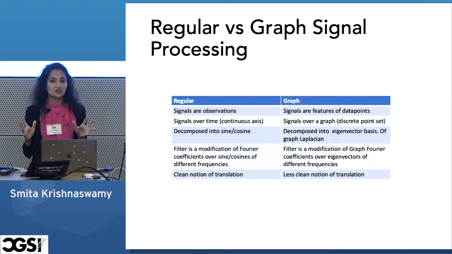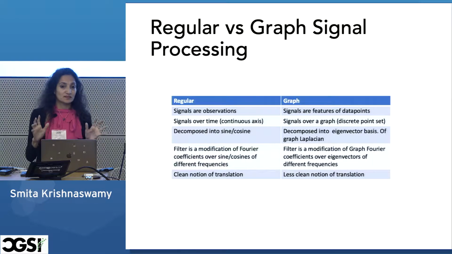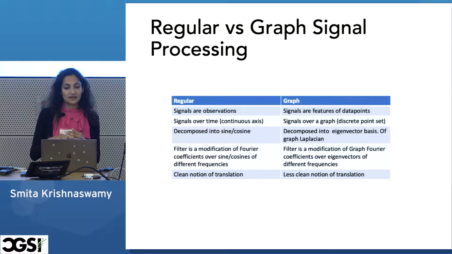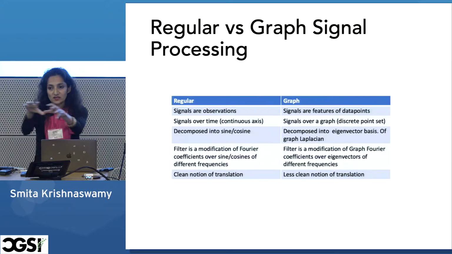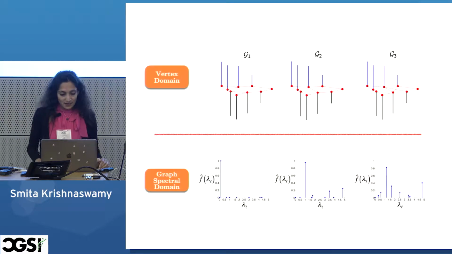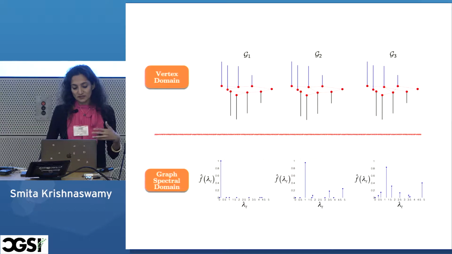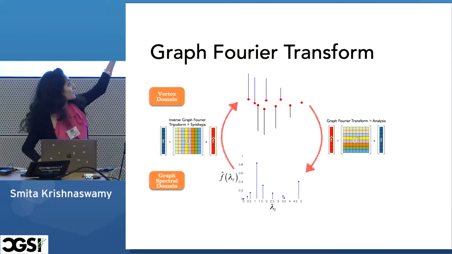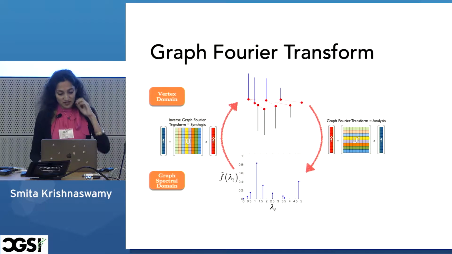There are some things that don't translate exactly super well, but people have been working on it. There's a whole conference on graph signal processing if you're interested in this. Graphs tend to have a less clean notion of translating signals, but you can still do it by convolution with a Dirac. And then you can convert back and forth using the eigenvector space and the conjugate of it.